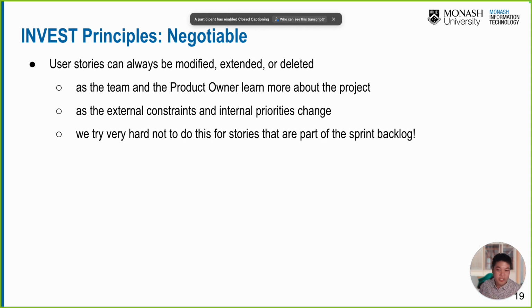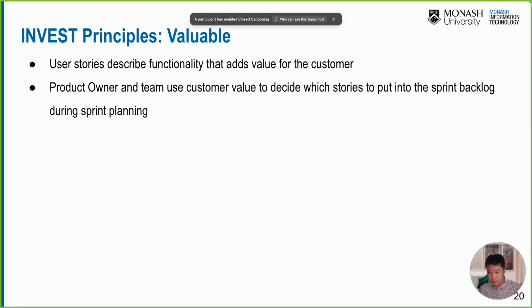That's the negotiable part. Valuable, it should be valuable to the customer, but I would say also to the business. The product owner and team use customer value to decide which stories to put into the sprint backlog during sprint planning. That's the purpose of the agile process, right? We talk about the values.